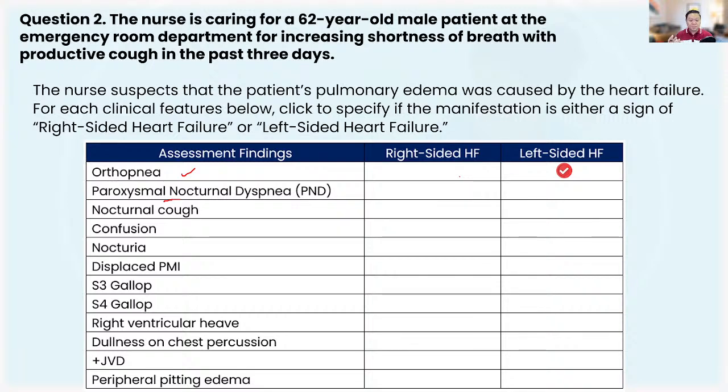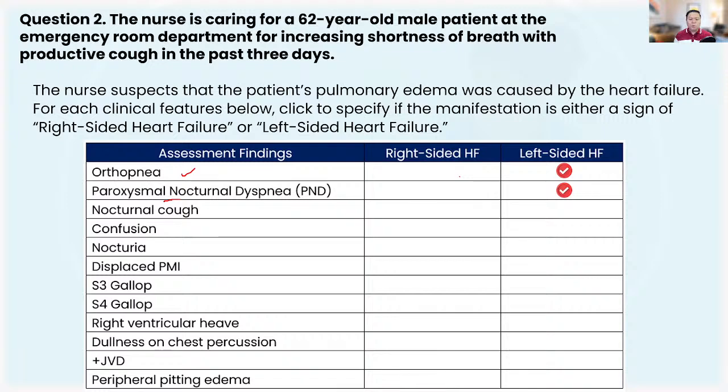It happens when they are in deep sleep, and usually it will occur in about 1 to 2 hours after going to bed. So they already kind of settled in bed, probably had started in their first or second stage of sleep, and all of a sudden they get awakened because of the shortness of breath. And so this is another respiratory manifestation. We're going to assign this to the left-sided heart failure.